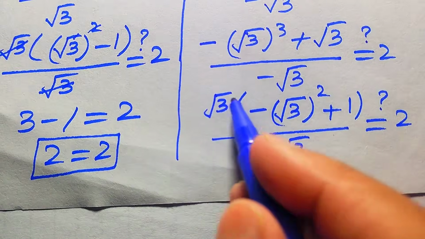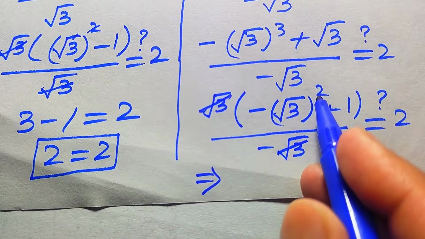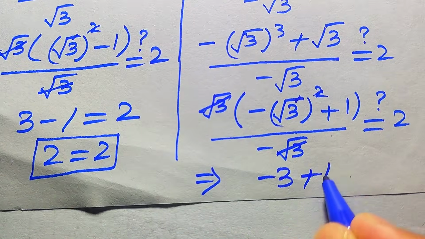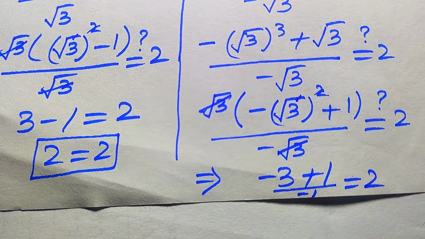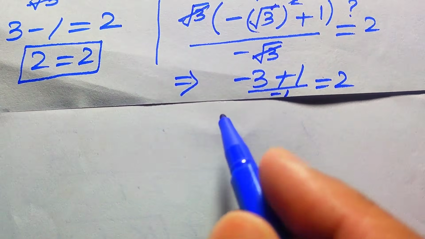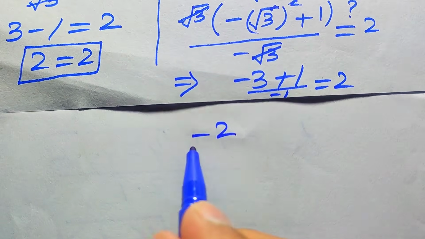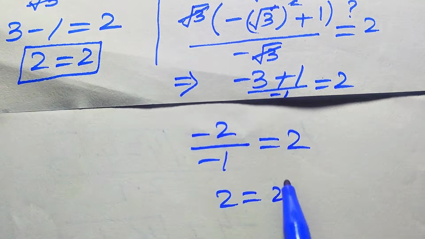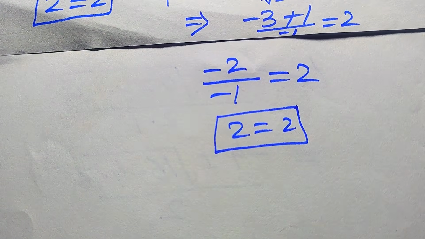So you see that this square root of 3 and this square root of 3 are gone, and this 2 and square root are gone, and we get here minus 3 plus 1 divided by minus 1 is equals to 2. So here we have minus 3 plus 1 becomes minus 2 divided by minus 1 is equals to 2, and we clearly get here 2 is equals to 2. This means that the second value of t also satisfies our given question statement.